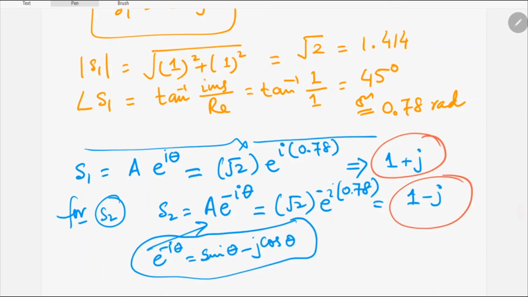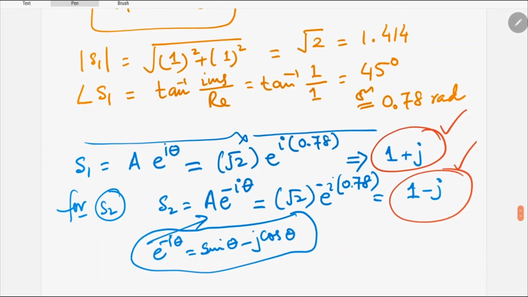So what's the point? The point is, if you know the magnitude and the phase, you can always get back the same complex numbers.